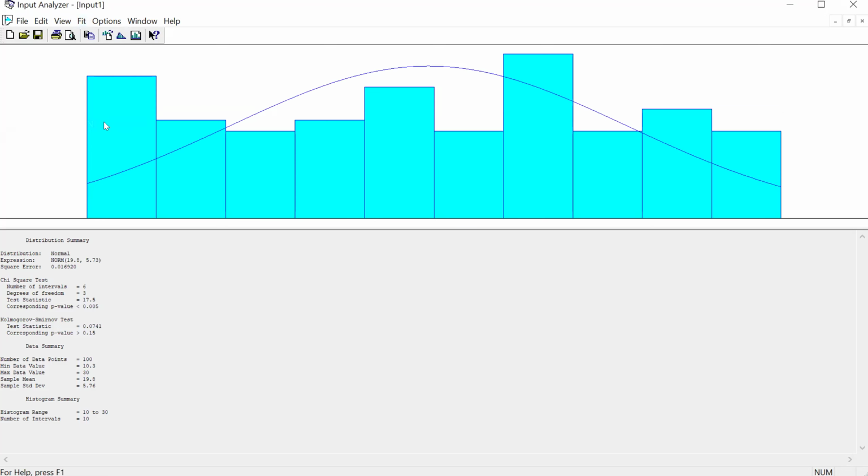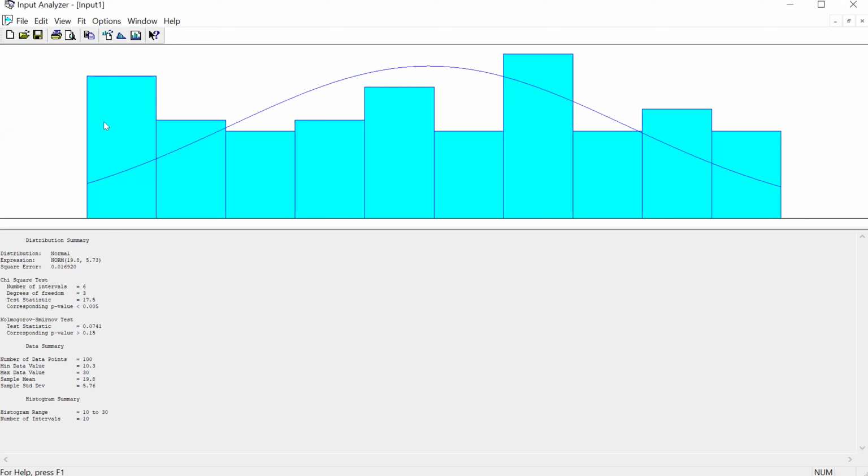For the normal, when you look at that plot, it is not a very good fit, because the sides are too low and the middle part is above those bars. When we look at the p-value for the chi-square, it's telling you that it's not a very good fit.